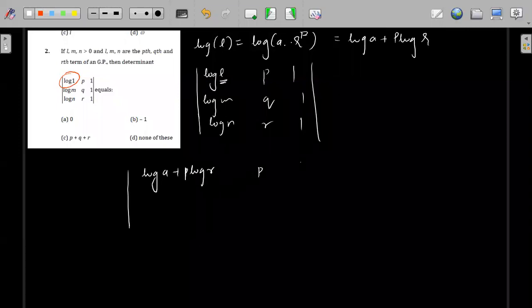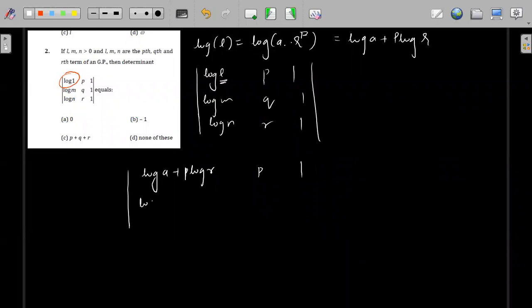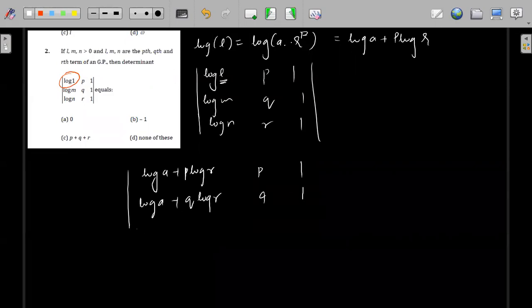And we have P 1. Then the second term will become log A plus Q log R, then we have Q 1. Then we'll have log A plus R log R, and we have R 1.